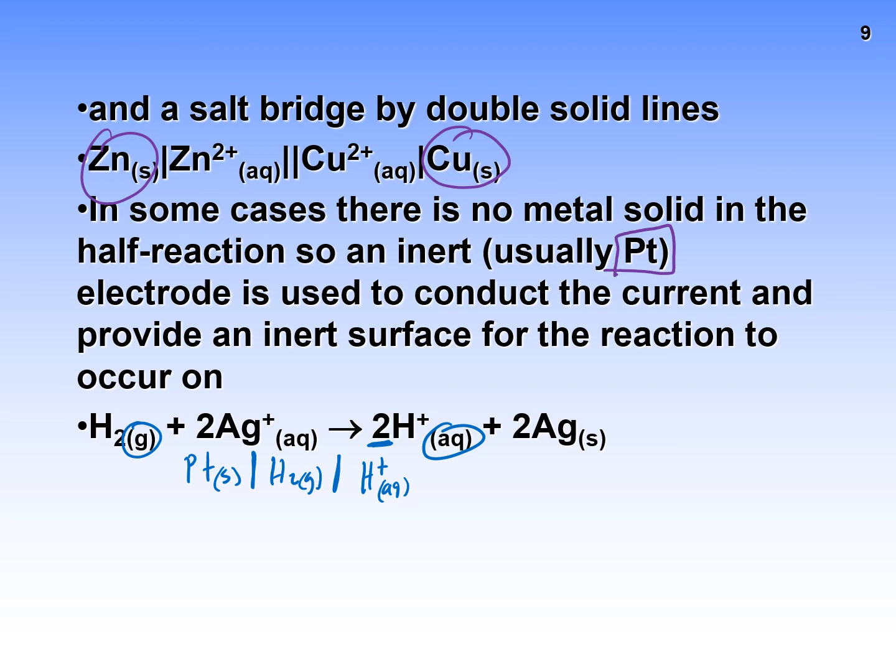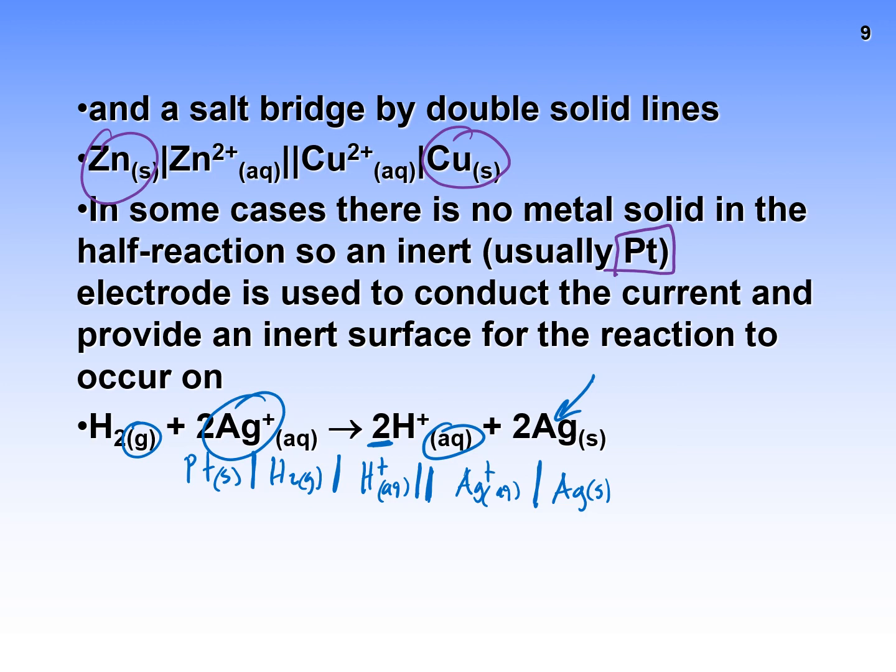At this point I'm done with the anode, so I'm going to do my vertical lines for the salt bridge and start on the cathode. Here's my reactant, it's Ag+ aqueous. Then we have a change in physical state, and we have Ag solid here. We don't need platinum for our cathode because we have a solid piece of metal present in the reaction, the Ag solid here. So this is the cell notation for this redox reaction.